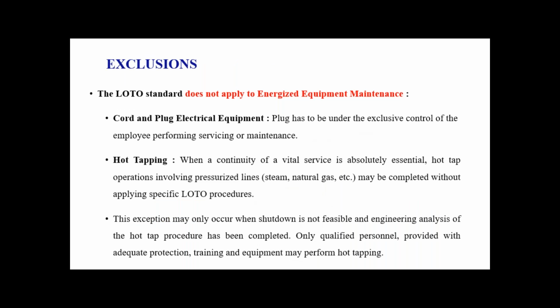Then what are the exclusions? The LOTO standard does not apply to energy equipment maintenance. That is one of the points called exclusions. Cord and plug electrical equipment and hot tapping are the exclusions. For cord and plug electrical equipment, the plug has to be under the exclusive control of the employee performing the servicing or maintenance; then there is no need of LOTO.